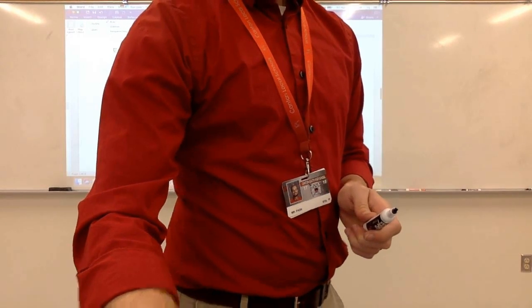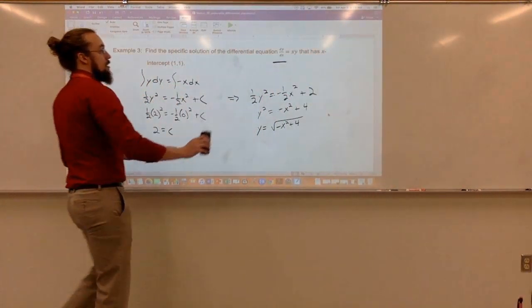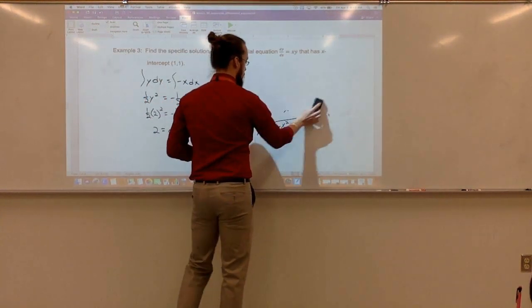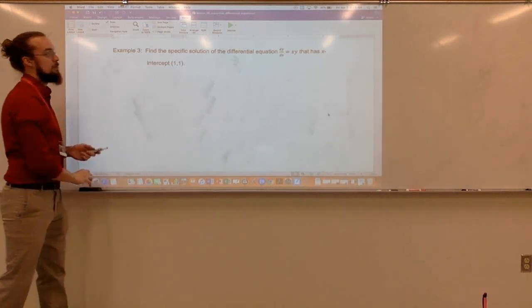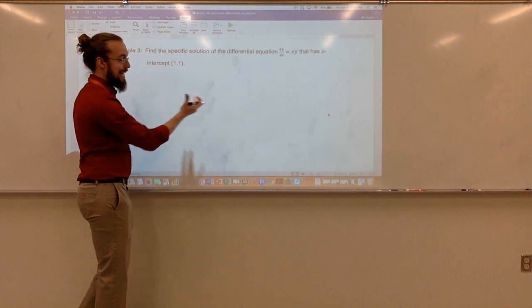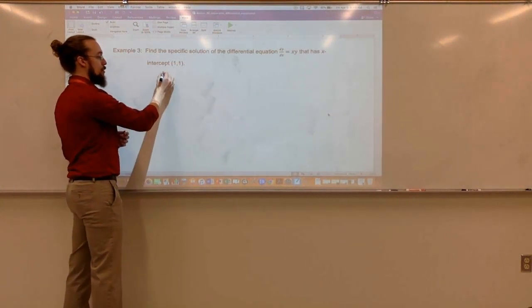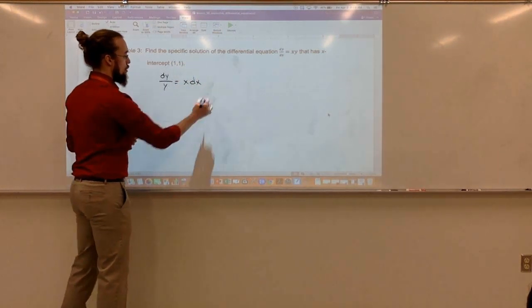Alright, how about this one? dy dx equals x times y. We can multiply the dx over, divide by y. Alright, multiply the dx over, and then divide by y. So we would end up with dy over y equals x dx.